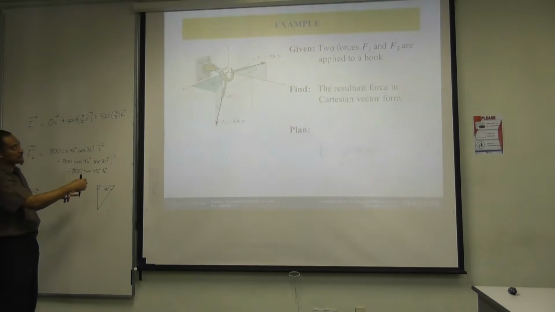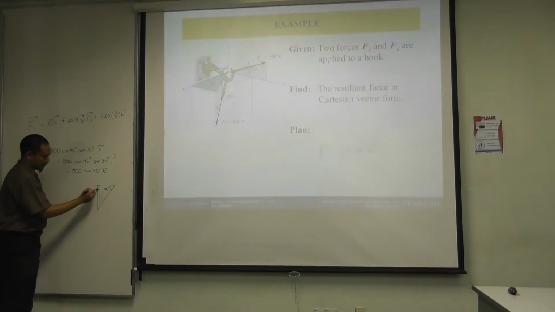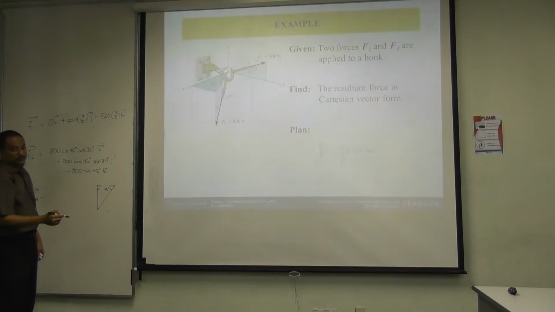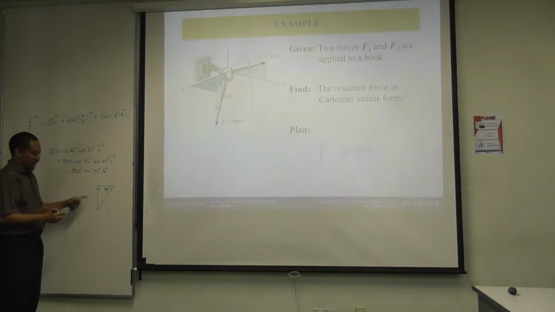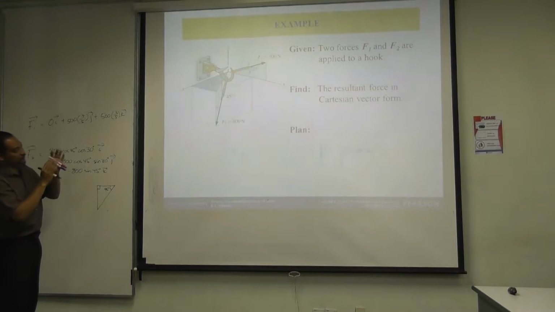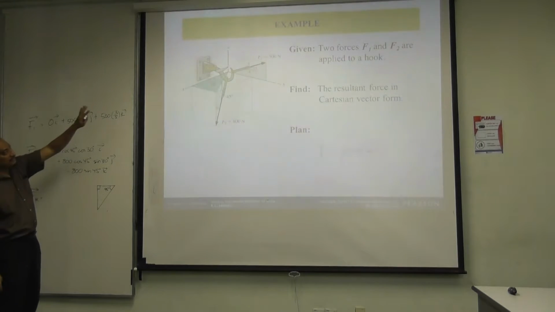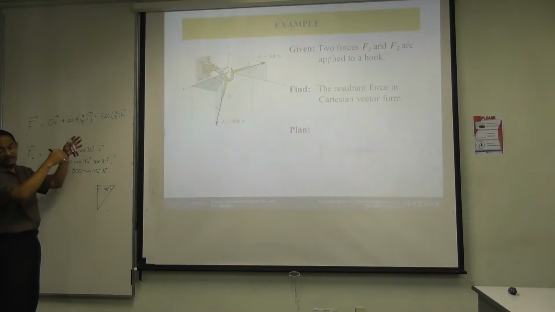Boleh bayang? If you cannot even imagine it, this is a problem, because in 3D you have to first be able to visualize what is going on. Because kalau you nampak ni leper je, jadi lain. It's actually 3D, right?